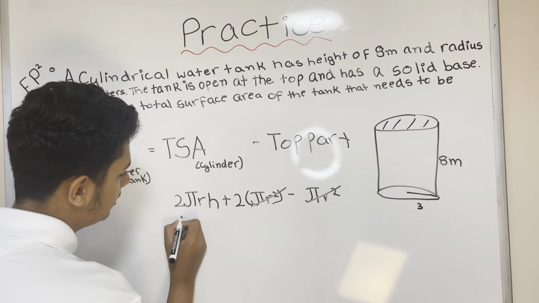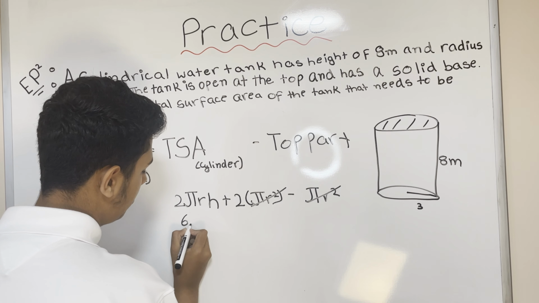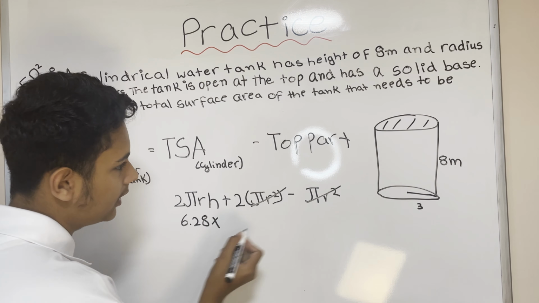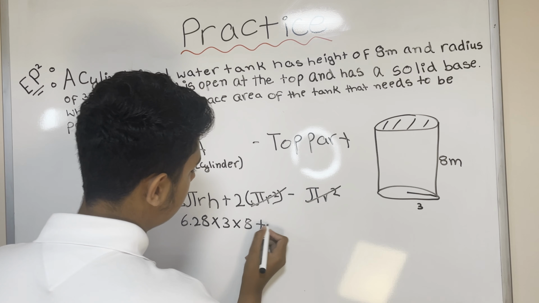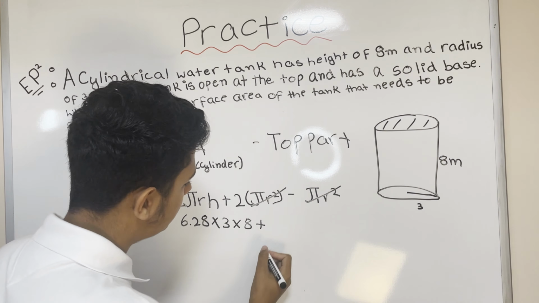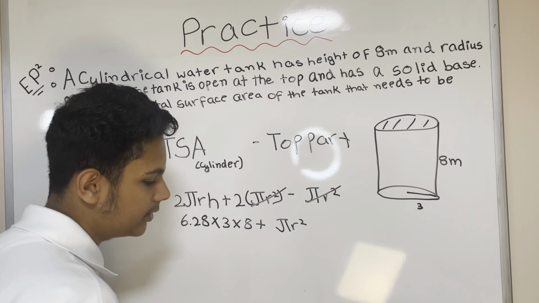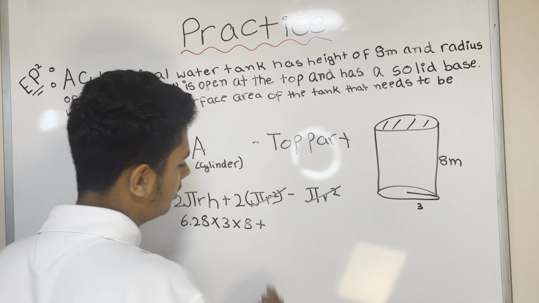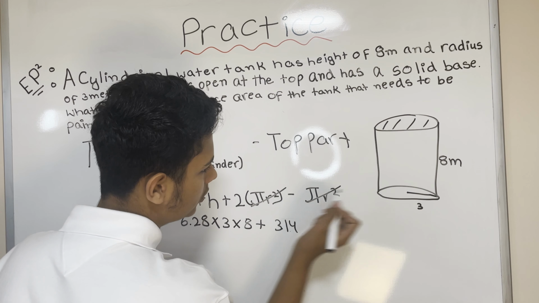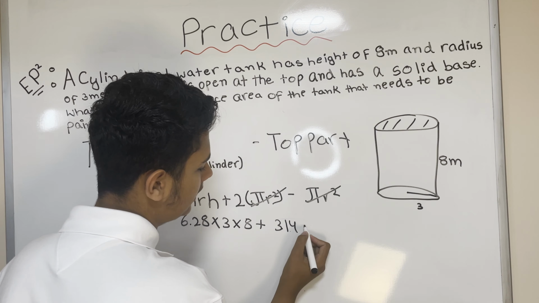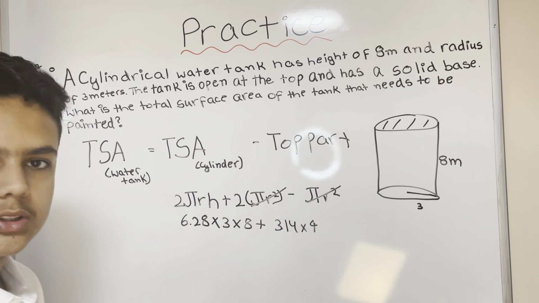So now what we have is 2 times pi is 3.14 is 6.28 times the radius is 3 times the height is 8, plus, since one pair is cancelled out, we just have 1 pi r squared, which is basically, we can just put on the values, 3.14 pi r radius is 3 and 3 square is 9.